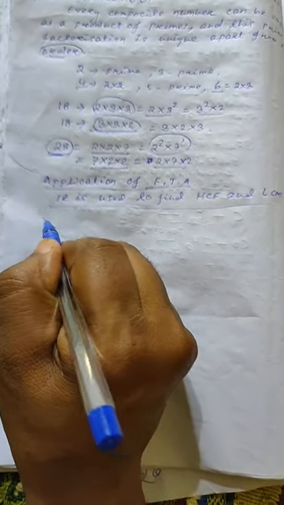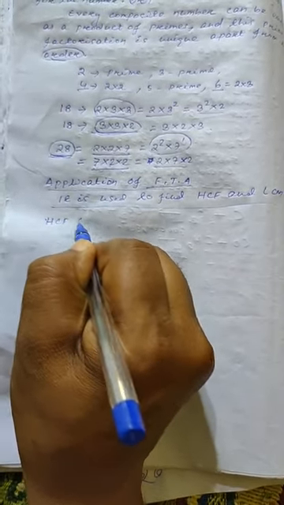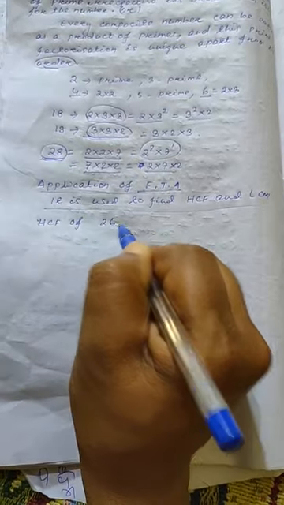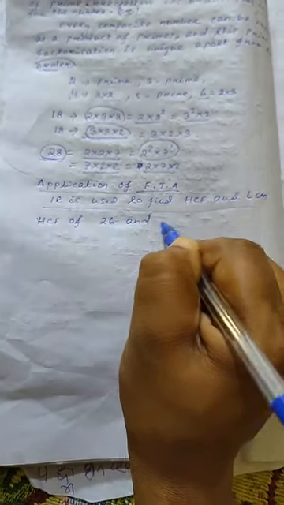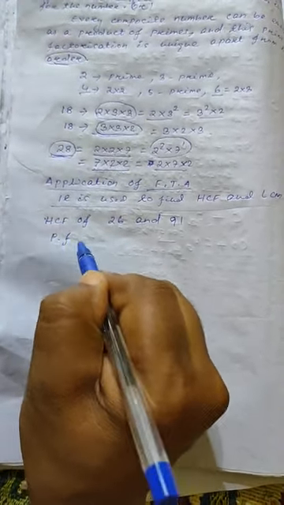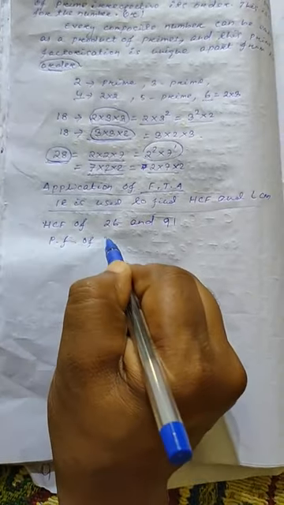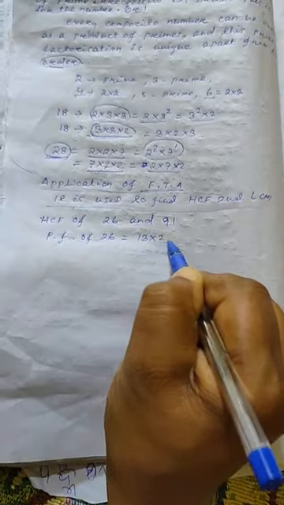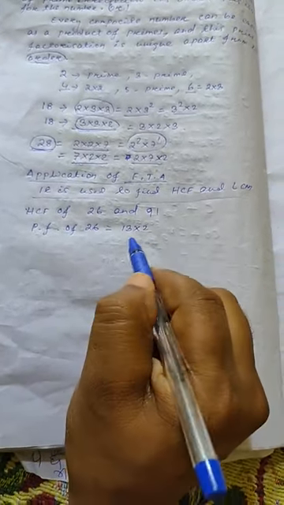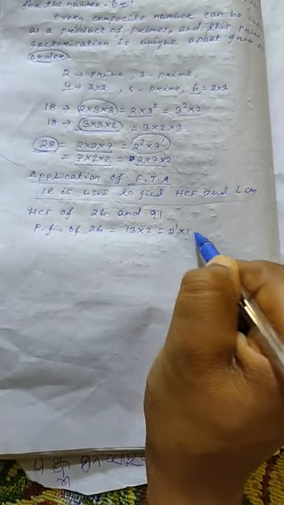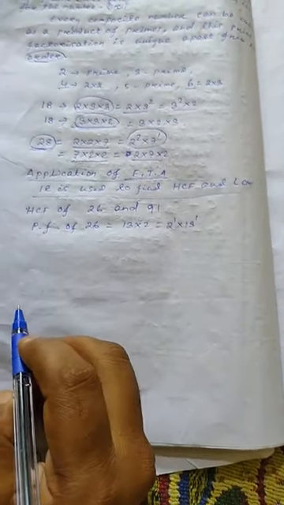Suppose we have to find the HCF of 26 and 91. First of all, the prime factorization of 26 is 13 into 2, which we can write as 2 to the power 1 into 13 to the power 1.